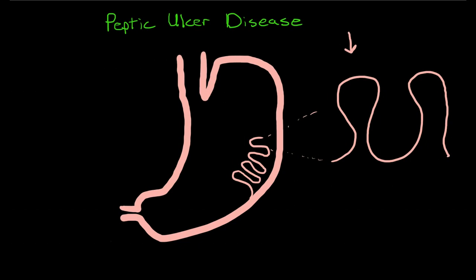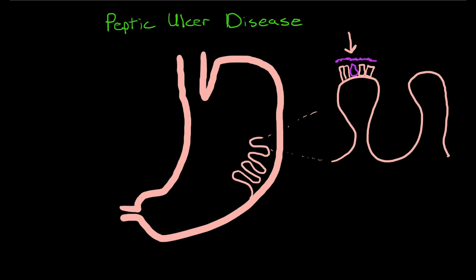Now, on the surface here, we have a columnar epithelium, and the columnar epithelium is interspersed with what are called foveolar cells. The foveolar cells are actually very similar to the goblet cells in the intestines, and their major role, as you might expect, since they are similar to goblet cells, is to produce mucus that lines the stomach.